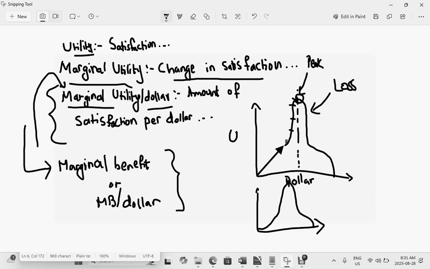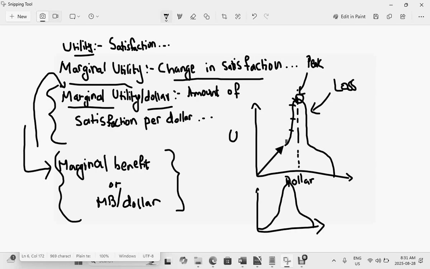All right. However, as we move towards the marginal benefit, we're now talking about spending money, and this has to do with satisfaction. So if the consumer spends money based on satisfaction, this has to do with marginal benefit. And the amount of marginal benefit that he or she gets by spending money has to do with marginal benefit per dollar.